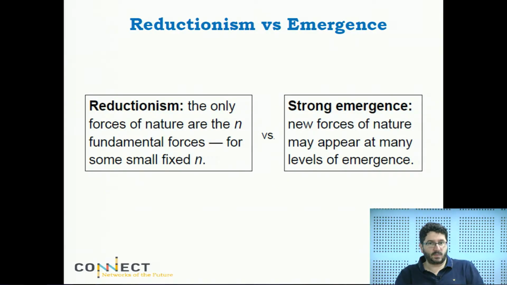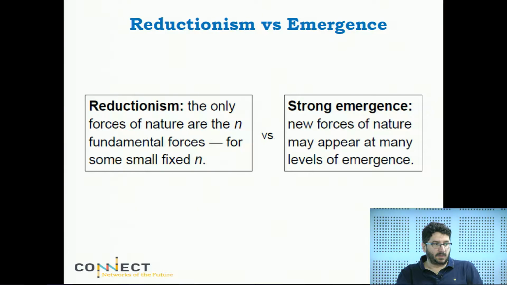So the reductionist people, they say pretty much we have a few fundamental forces in nature, and at the moment, as far as I know, it is 4. They leave the door open that there could be more, but not an infinity. There is still few, okay? And so the number n is small.